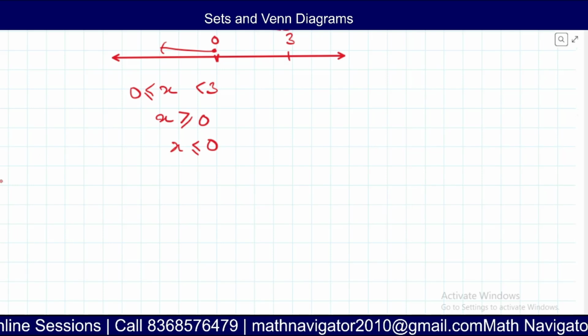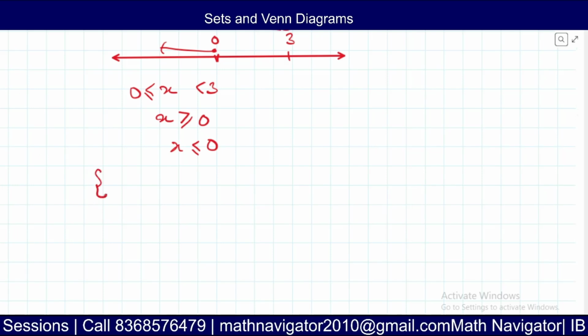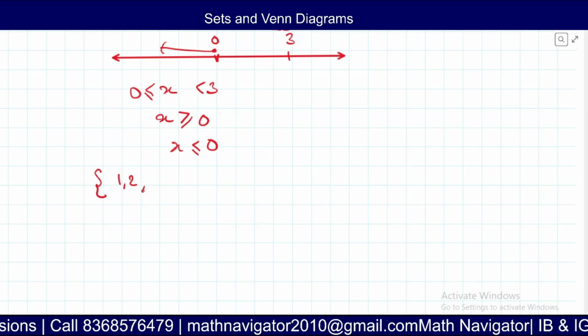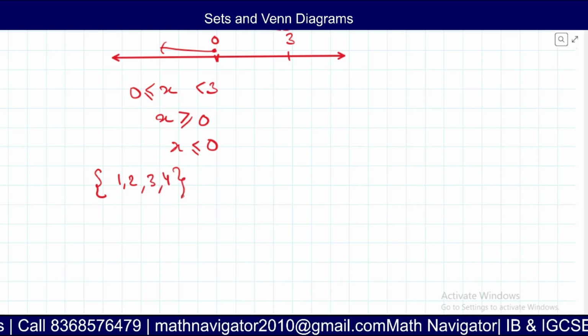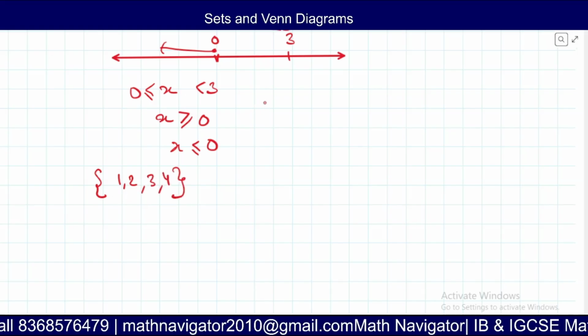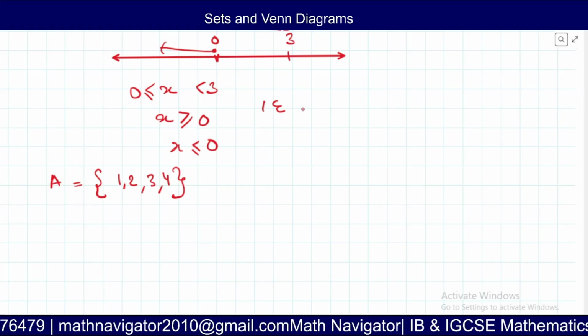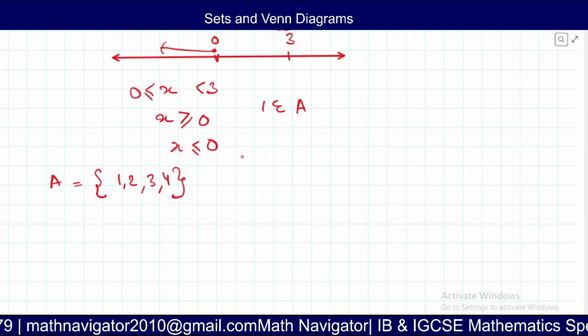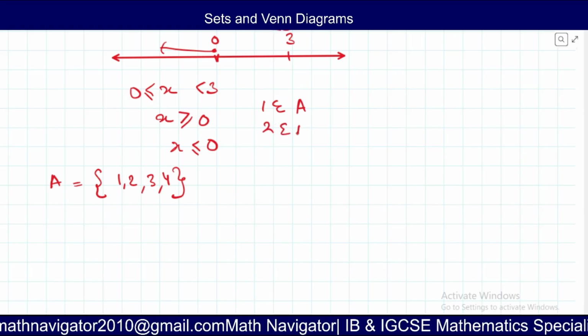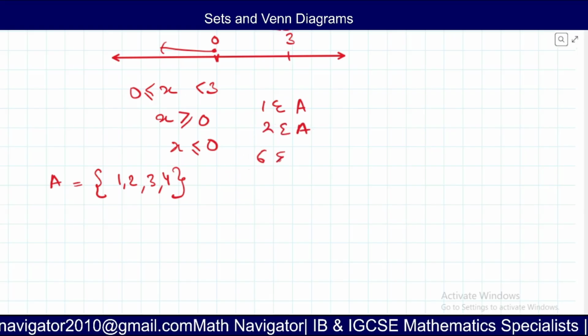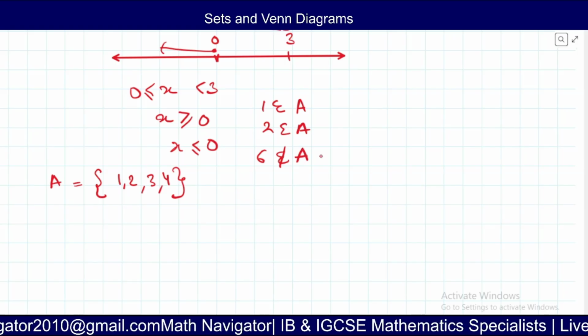Let's say I have the set 1, 2, 3, 4. Let's give this a name, A. So I'll say 1 is an element of A. 2 is an element of A. 6 is not an element of A. Clear?